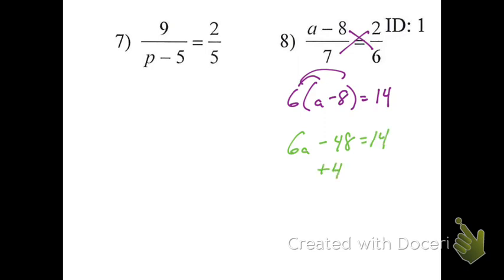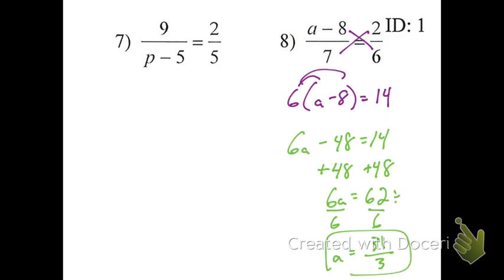Then you're going to add 48 to both sides. So 6a is equal to 62 again. Then you're going to divide both sides by 6, and we get the same answer we got for one of the previous problems, which is 31 over 3, because you can take these two and divide them each by 2.